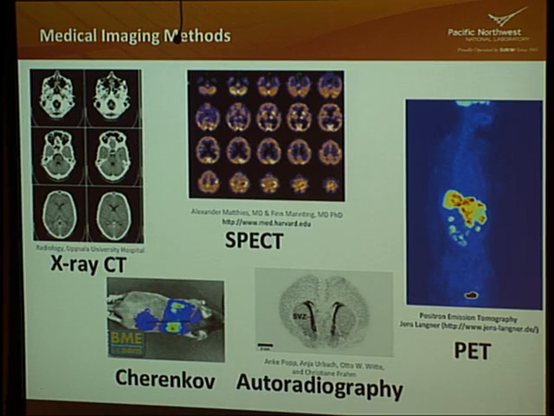And there are a number of imaging modalities that are possible. Over on the left we have X-ray CT, and you also include here MRI, which allow you to see the anatomy of the patient, where the structure is, the bones, that sort of thing. But there are other imaging modalities that utilize ionizing radiation. In the case of gamma rays, we have SPECT imaging, and here's a brain scan.